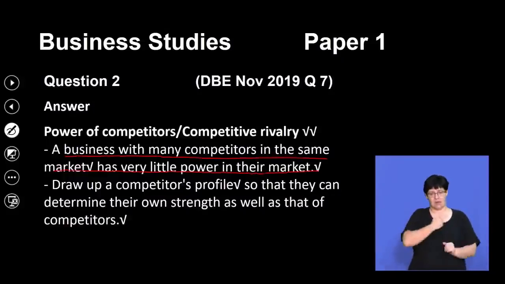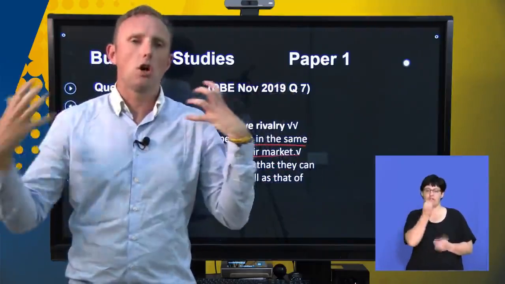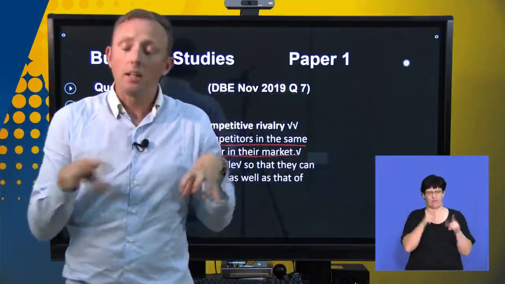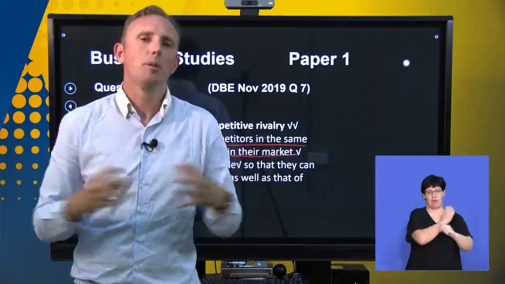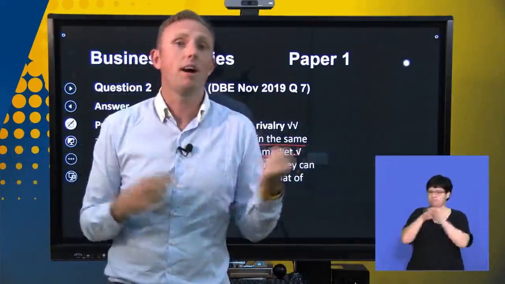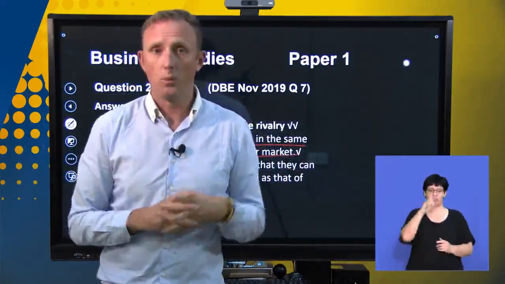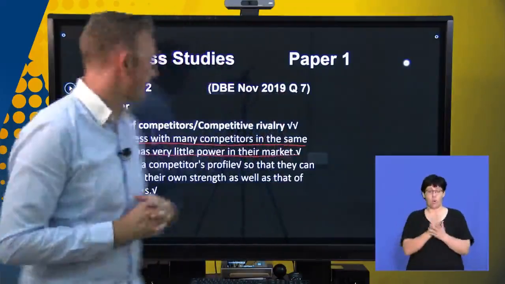If you look at the fast food industry, there's a lot of competition there. So individual businesses don't have a lot of power because there's such a great variety of choice. Customers can go anywhere and find the best deals to suit them. However, that might not always suit the business.